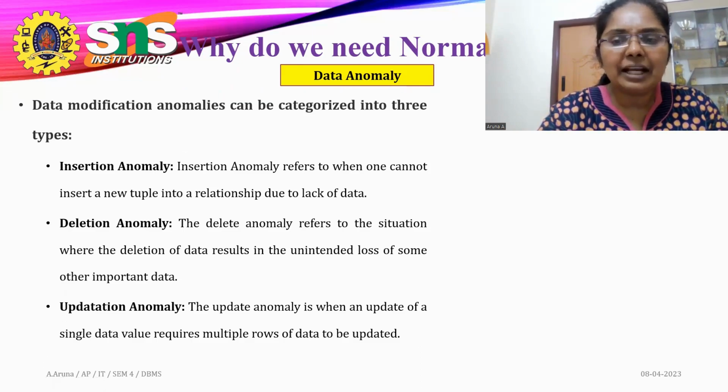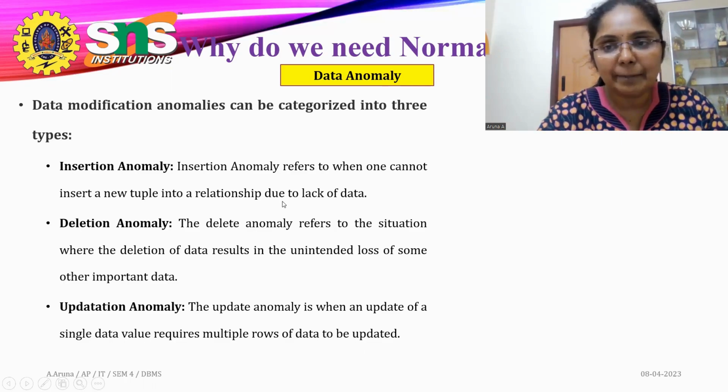Because if I want to delete the ECE department, I can't remove just the ECE department in that table. If I remove it, the entire data will be lost. This is the delete anomaly. Update anomaly is when an update of a single data item requires multiple rows of data to change. If I want to change the room number of the CSE department, I have to change it for 150 entries. So these are the various anomalies.